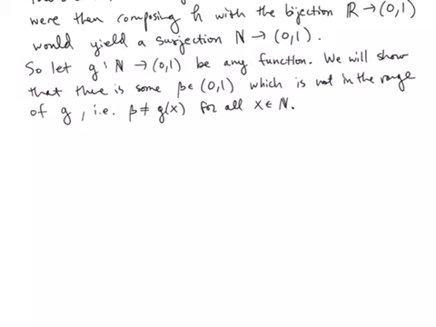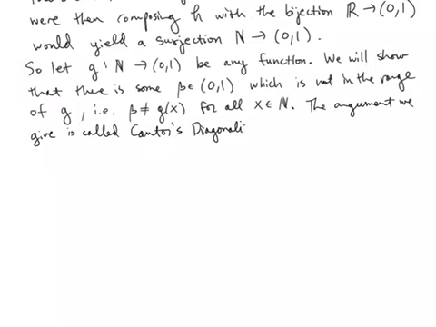The argument we will give is called Cantor's diagonalization argument, and it's one of the absolute classic arguments in mathematics. So we have this given function g from the naturals to the interval from 0 to 1, and we're going to write down a list.